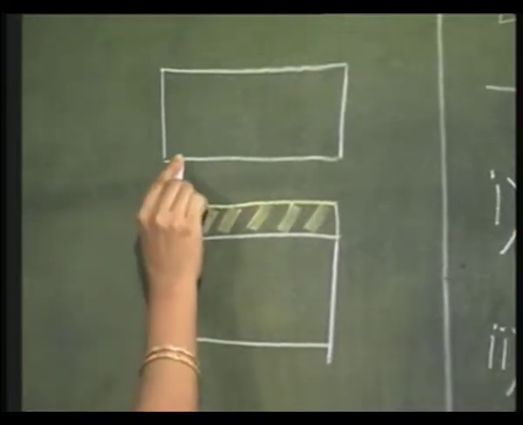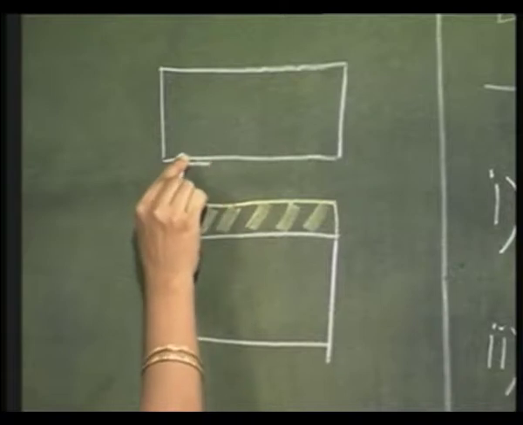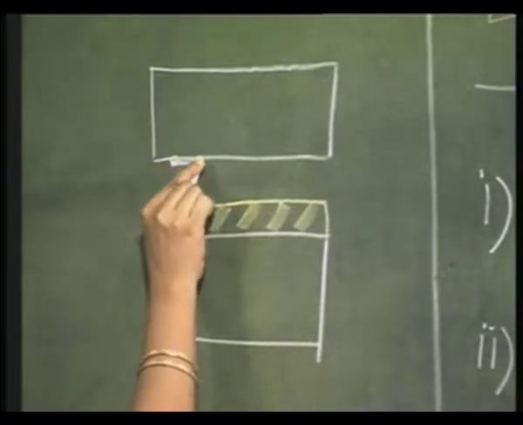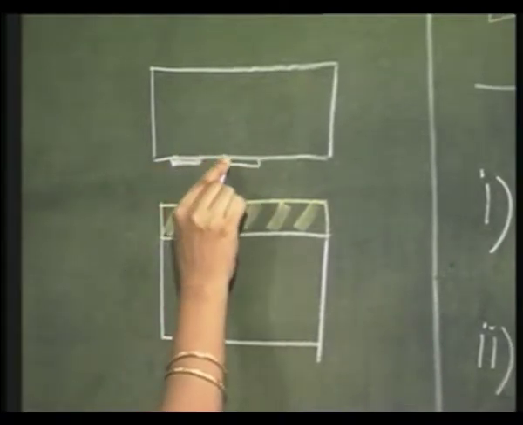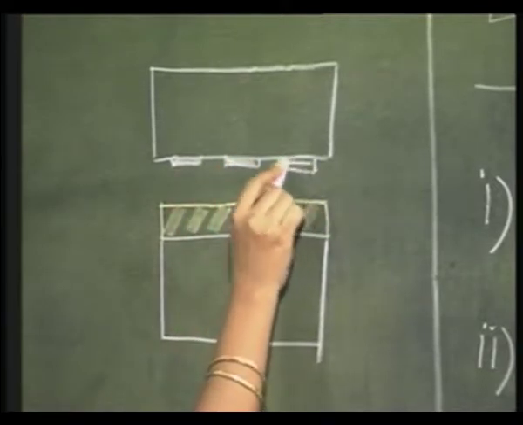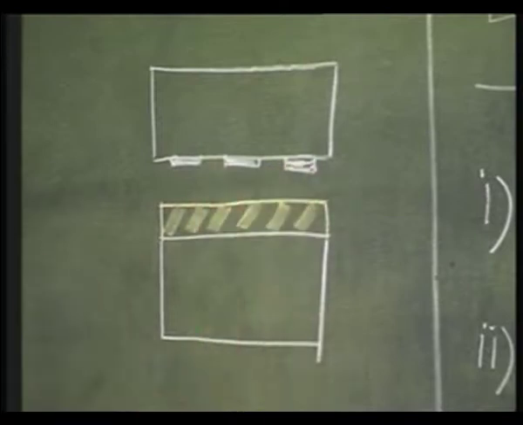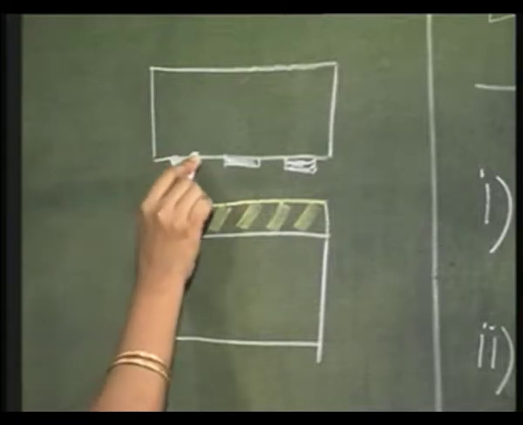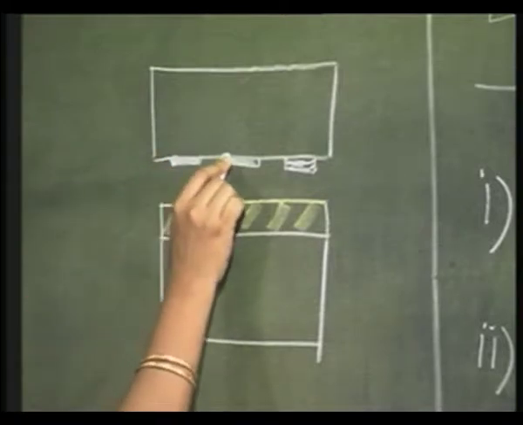What do I mean by this? That is, some parts of the mask are opaque and some parts are transparent. These are the portions which are opaque to the radiation.